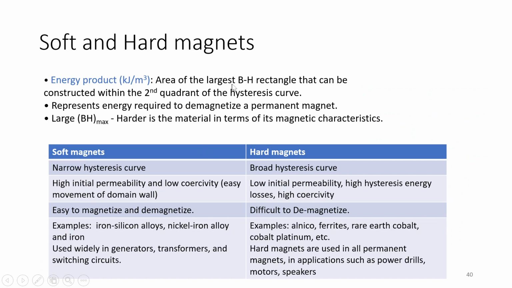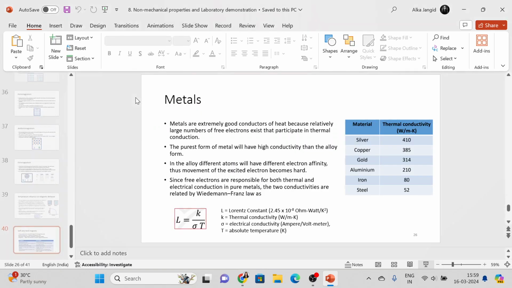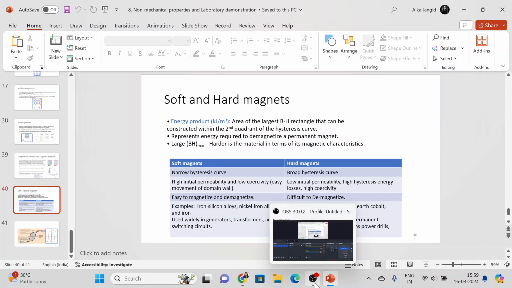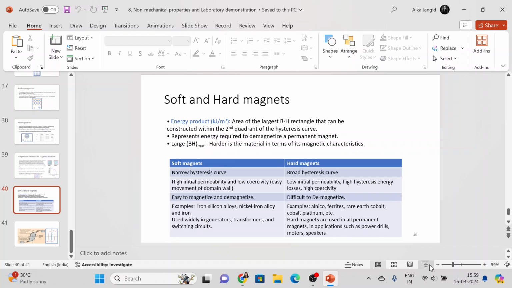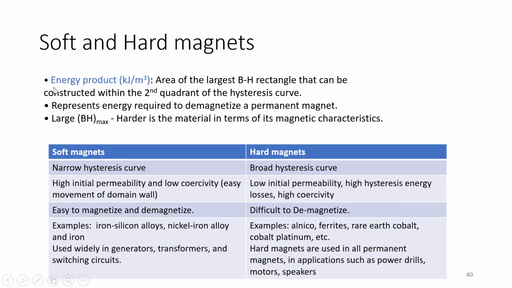So the area of the largest BH rectangle that can be constructed within the second quadrant of the hysteresis curve represents the energy required to demagnetize a permanent magnet. If some material has a large BH max, then it will be harder in terms of its magnetic characteristics.